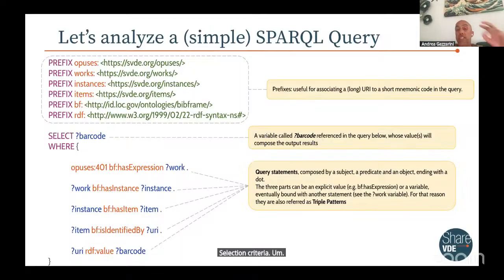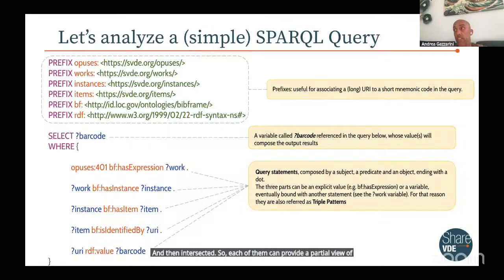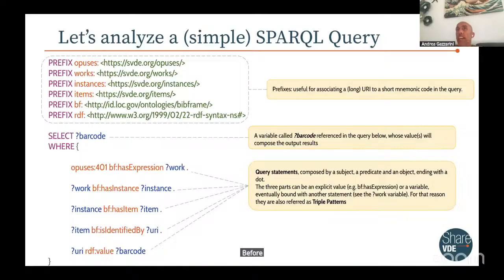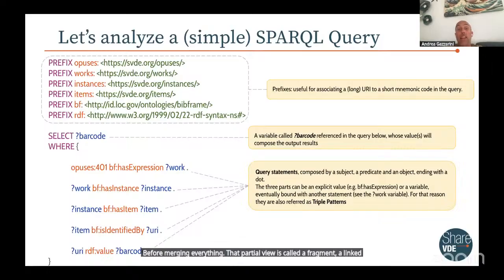This part can theoretically be executed in parallel and then intersected. Each of them can provide a partial view of the overall results before merging everything. That partial view is called a fragment, a linked data fragment.